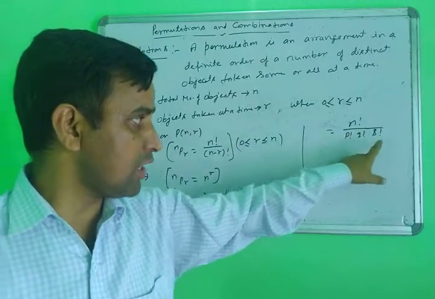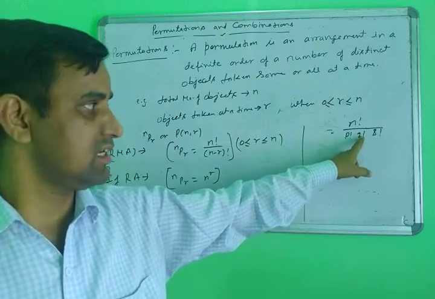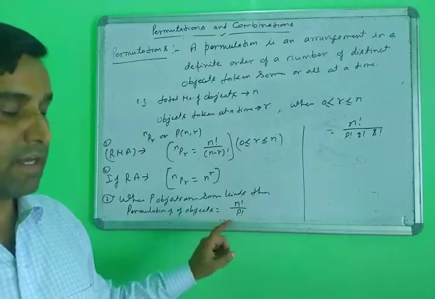That means you are dividing for these repeated letters, which are the same kind.